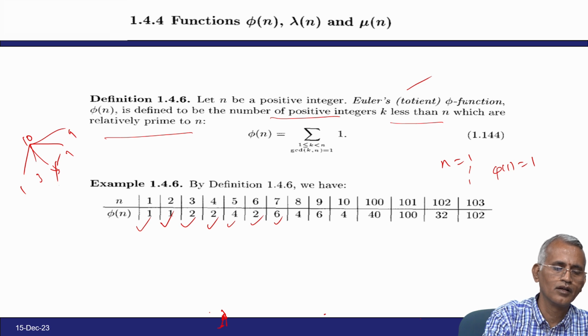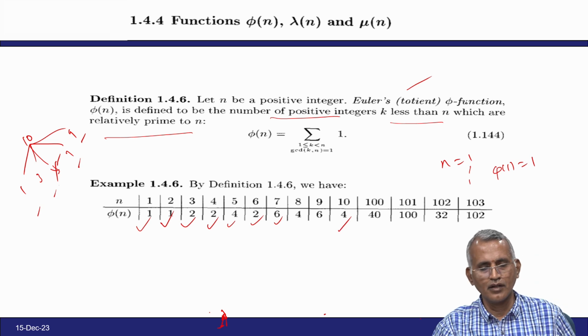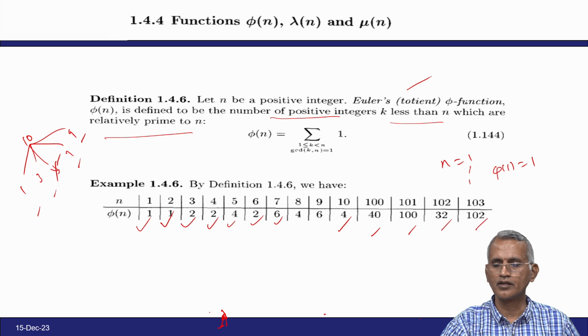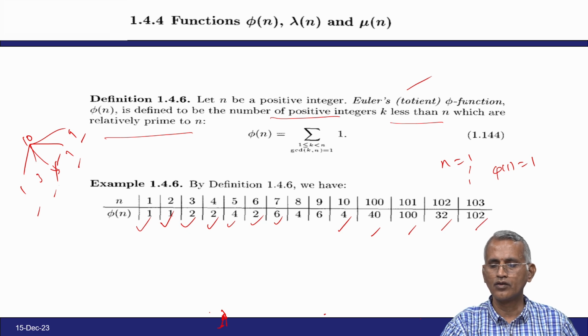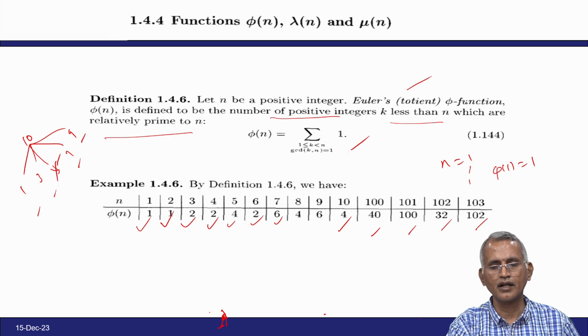So totally 1, 3, 7, 9, 4 terms will come. Now for 100, 40 terms will come; 101, 100 terms; 102, 32 terms; 103, 102 terms. That is the meaning of the summation over 1 less than or equal to k less than n, the general form of the notation of phi of n.